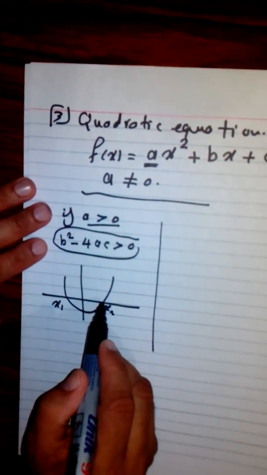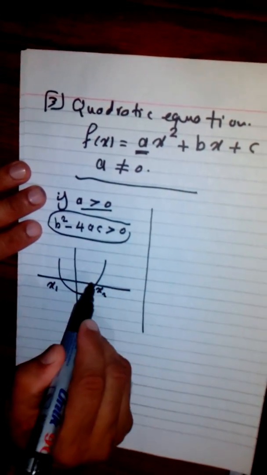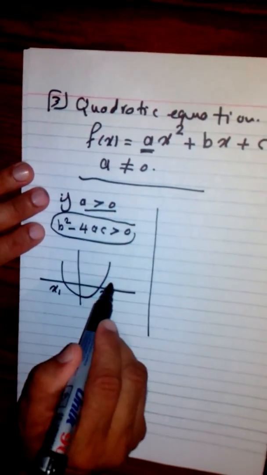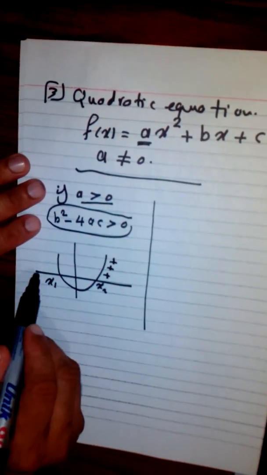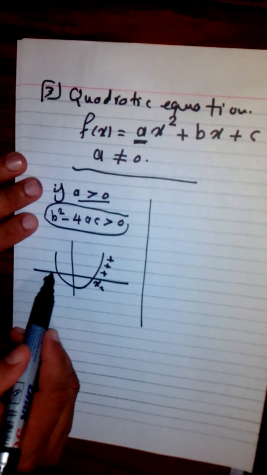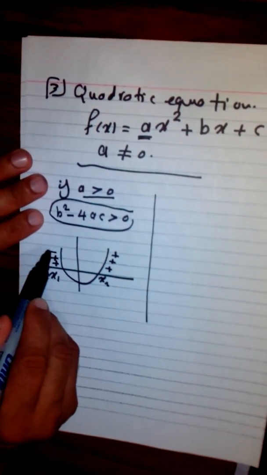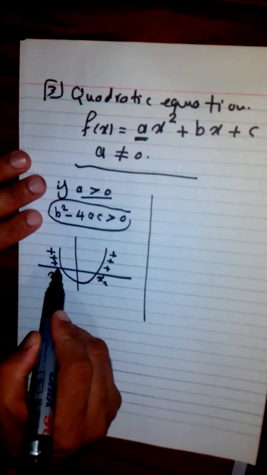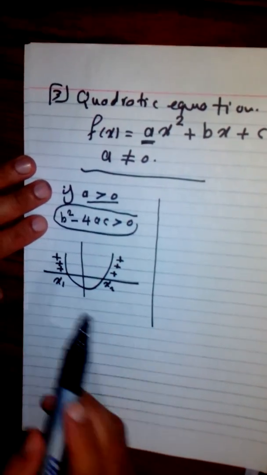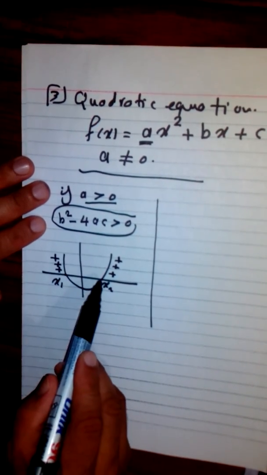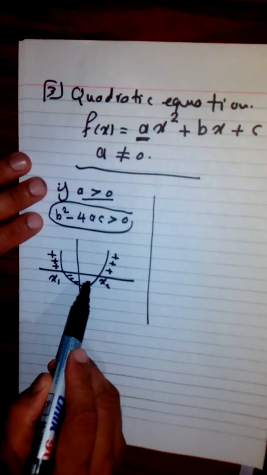If x is on the right of x2, the function f of x is positive. If x is less than x1, the sign of f of x is positive. If x is between x1 and x2, the sign is negative.